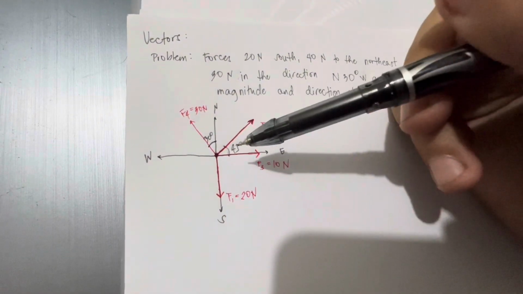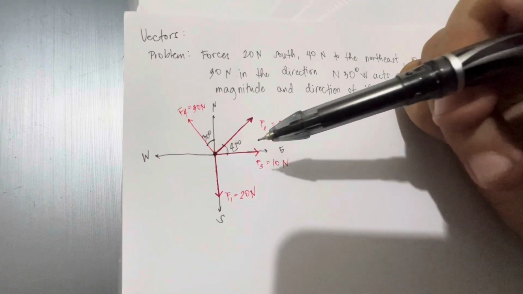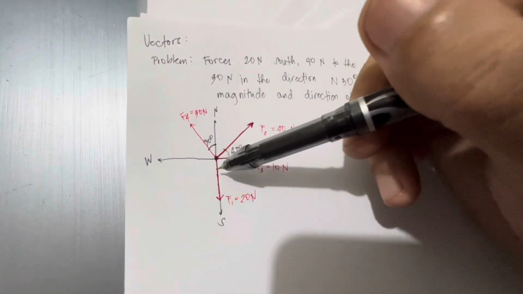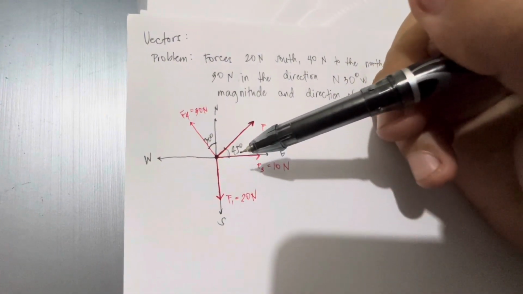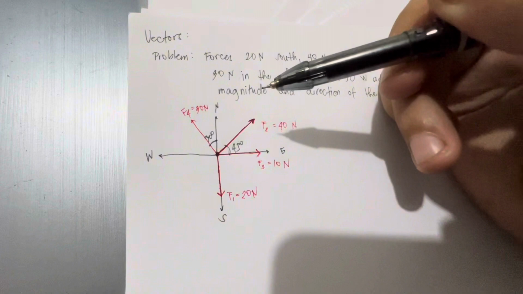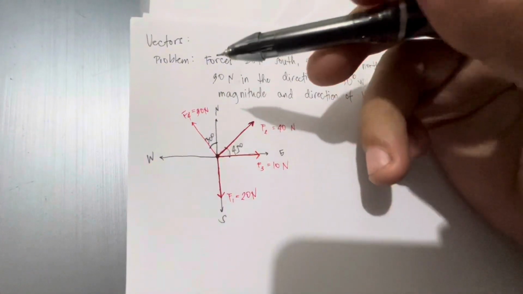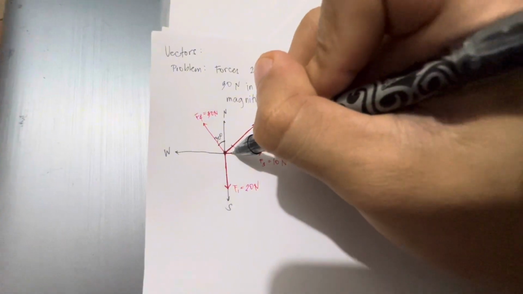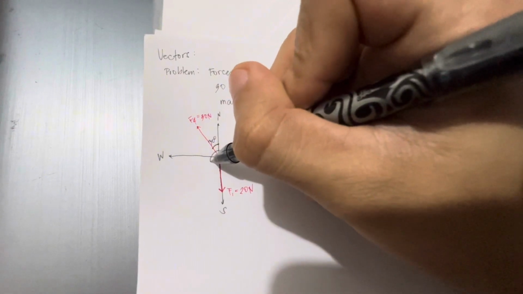Pero tan-awon nato ang ilang tagsa-tagsa nga angle, kung ma-measure gikan sa positive x-axis counterclockwise. Sa force number 1, kabalo ta nga padulong siya sa south. Gikan sa positive x-axis, tuyok ka padulong sa iyaha.